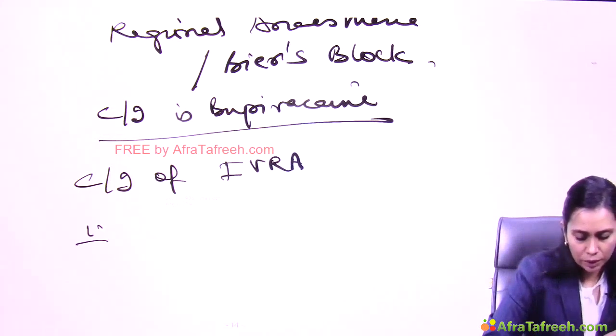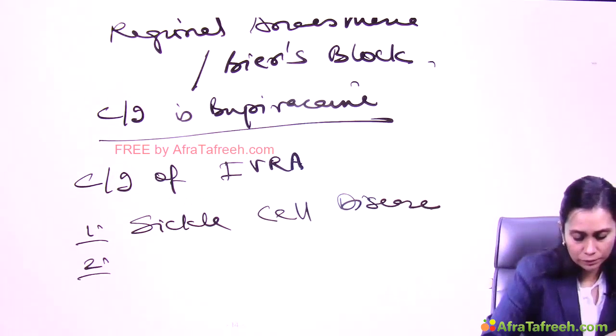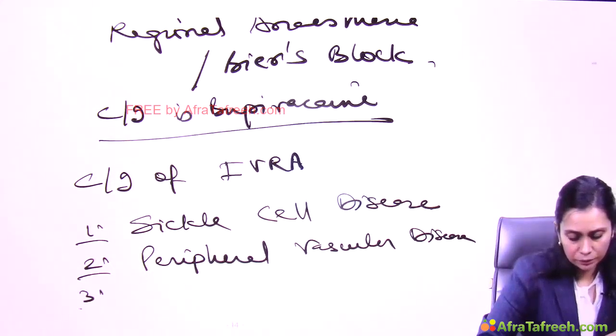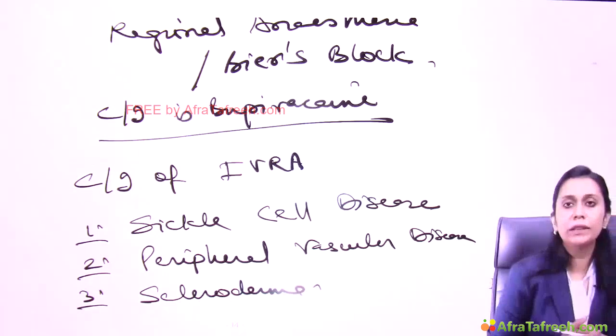Number 1, sickle cell disease. Number 2, peripheral vascular disease. Number 3, scleroderma. These are absolute contraindications of giving IVRA. Got it? Asked in exam.